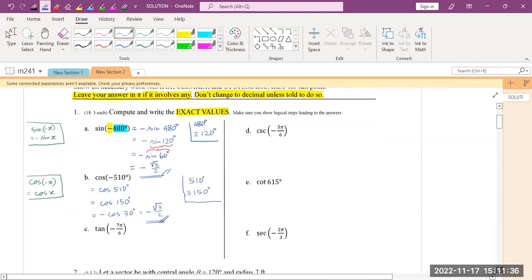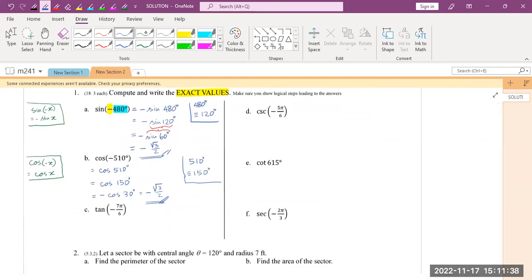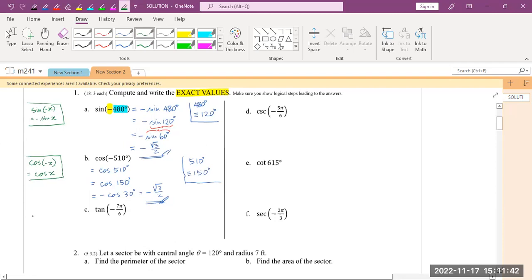Next, how about tangent of negative 7 pi over 6? Well, we can use the fact that tangent is an odd function. Tangent negative is negative tangent, just like sine. So tangent negative 7 pi over 6 is negative of tangent 7 pi over 6. Now, 7 pi over 6 is in quadrant 3. It's more than pi, right?